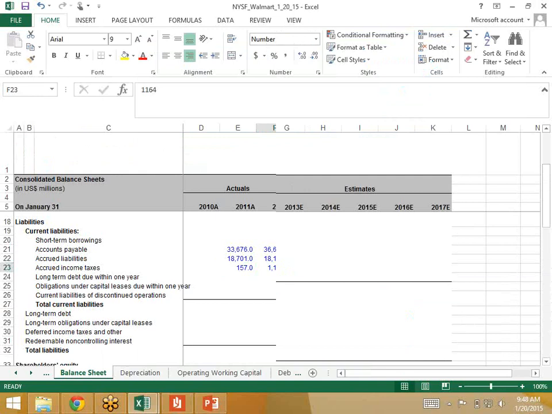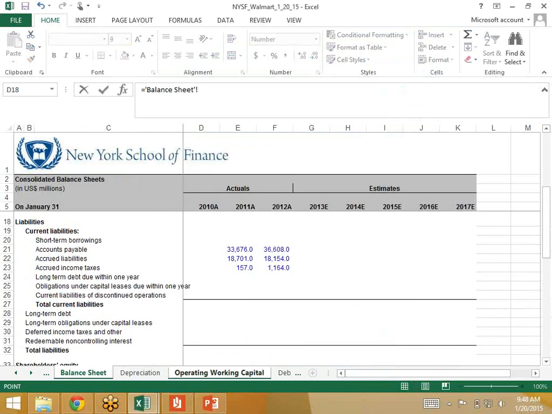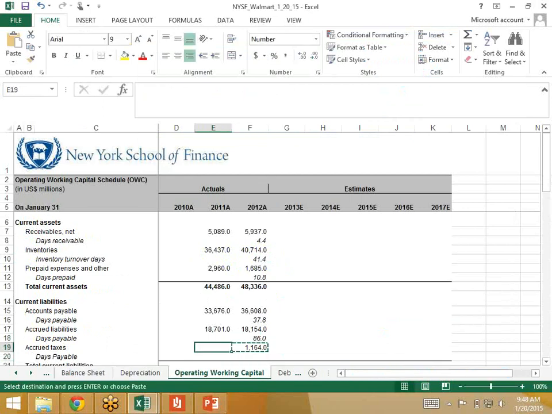We're going to pull in working capital. 1164. 157. What are accrued taxes related to? Income taxes. These are income taxes that you have not yet paid, right?